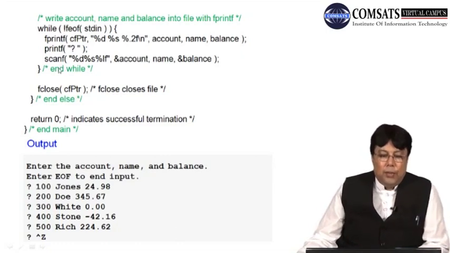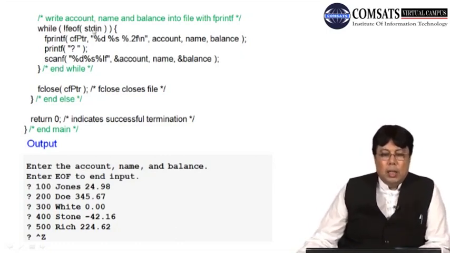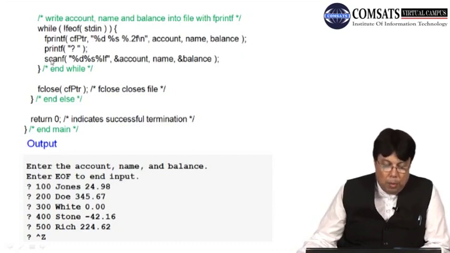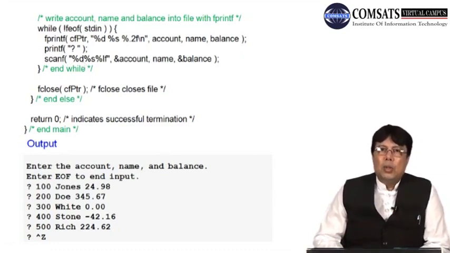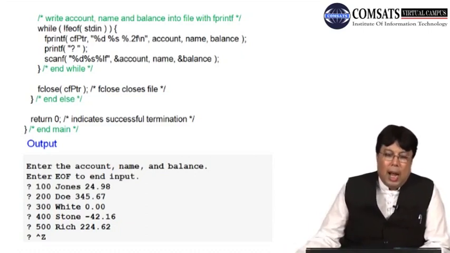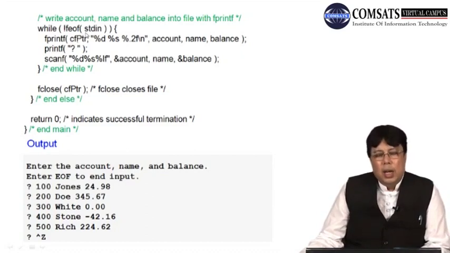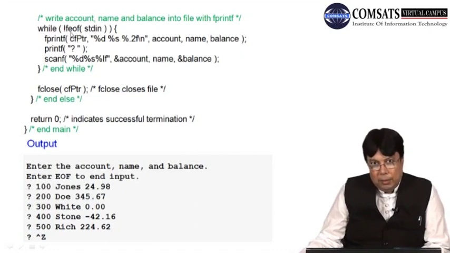But if stdin encounters end of file, meaning for the input of this scanf function, if you press Ctrl Z, that means you have indicated to the scanf function that this is end of file, and since scanf reads from the stdin, it means that the stdin has encountered end of file.